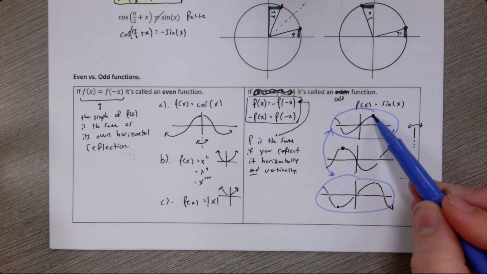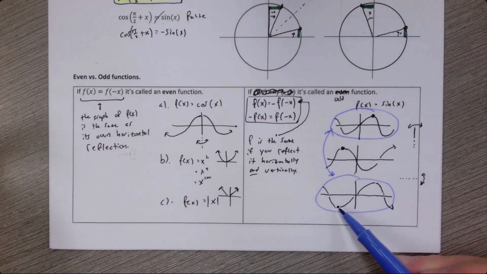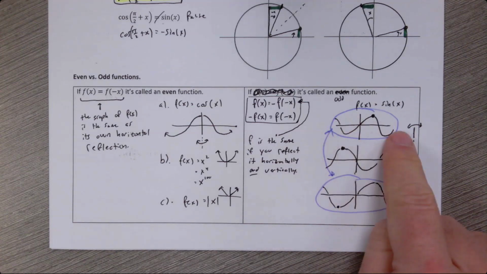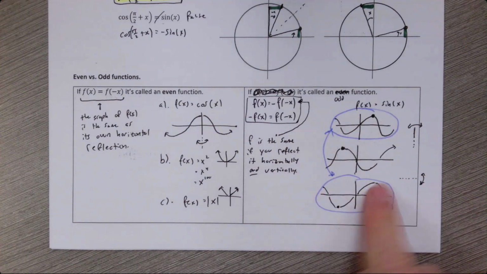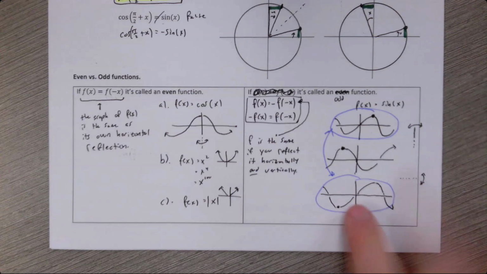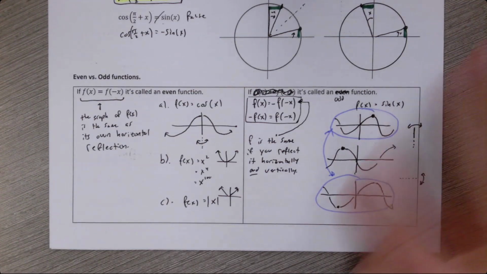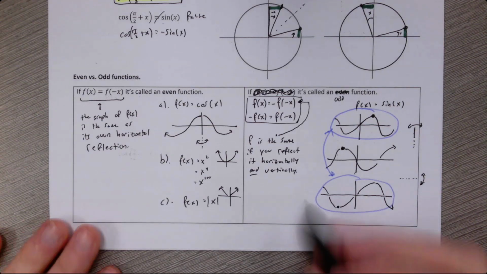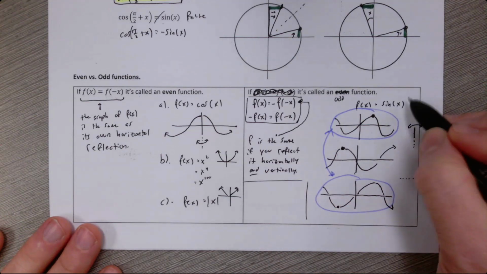This point, after you reflected it here and then down, ended up down here. But every point on the graph here ends up on a point on the graph here. And each point here corresponds to a point up there. It's the same points, it's just that they all got mapped to different places. So, same graph. What are some other examples of odd functions?